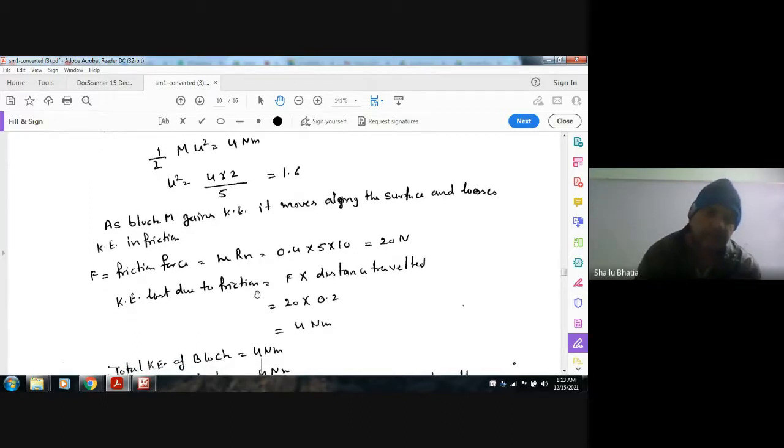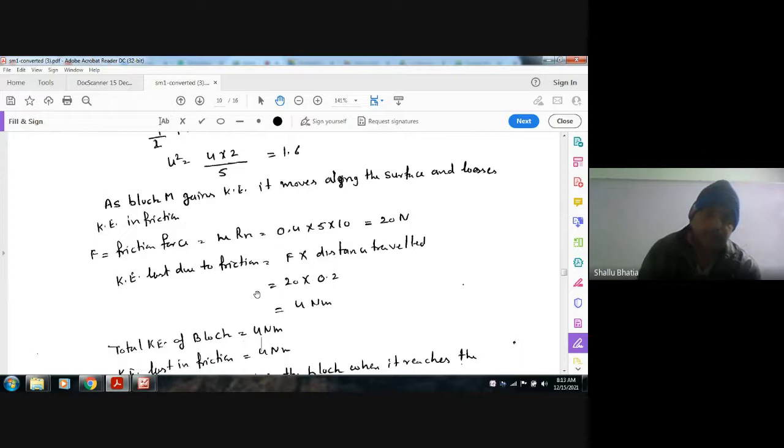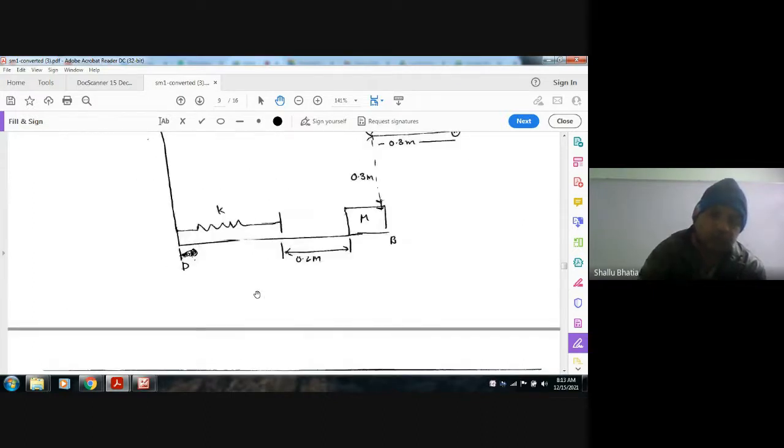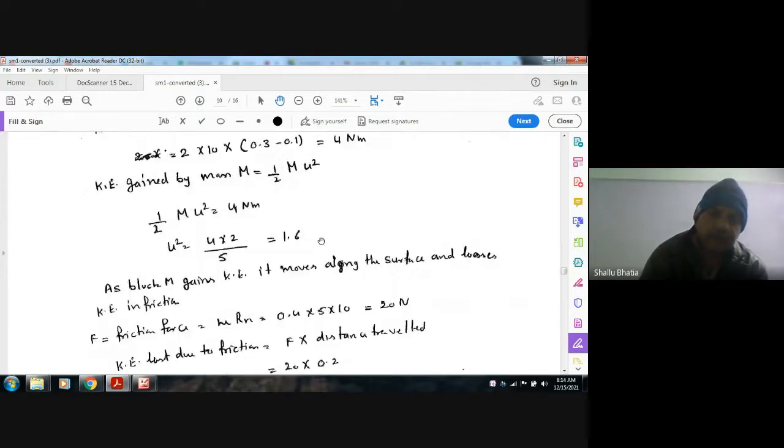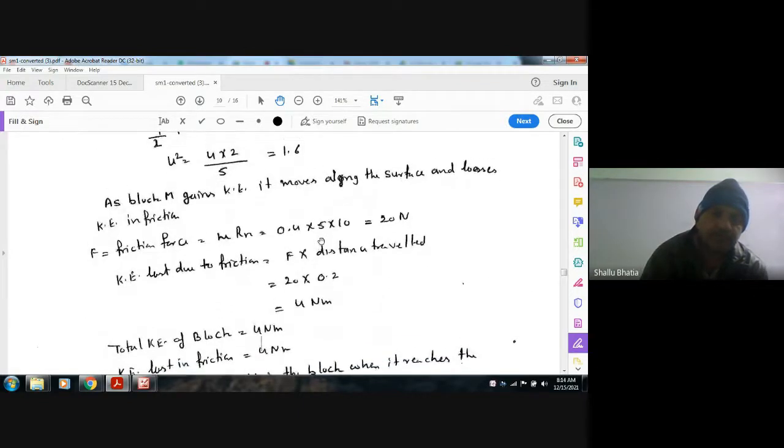Now this block has gained kinetic energy, and it will start moving in this direction. If there is friction in this path, then kinetic energy will be lost due to friction.